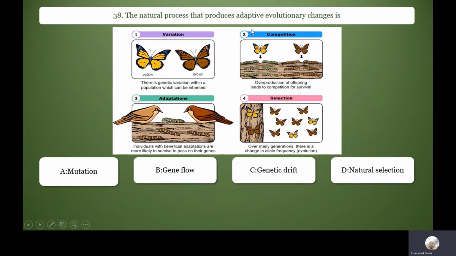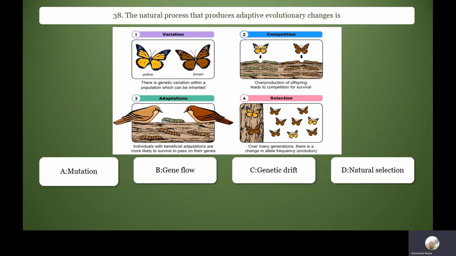That's what made it adaptive, because the advantageous trait is transferred to the offspring. So those ones will dominate the population. That's the theory of natural selection by Charles Darwin.